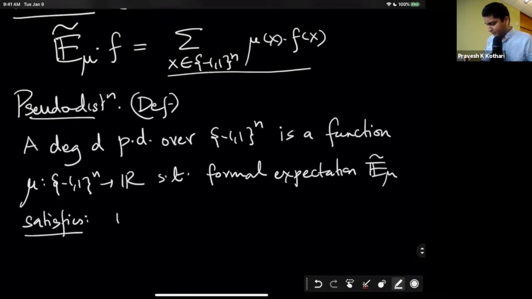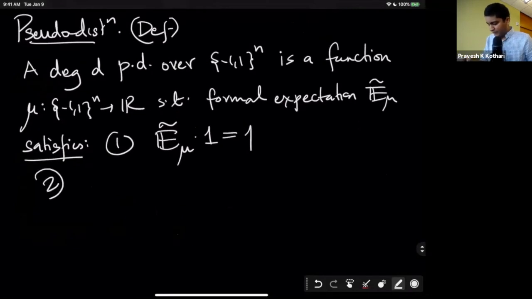One, the pseudo expectation of 1 is 1. So the constant function 1 goes to 1. This is equivalent to saying that the sum of the entries of mu equals 1, as we defined above.